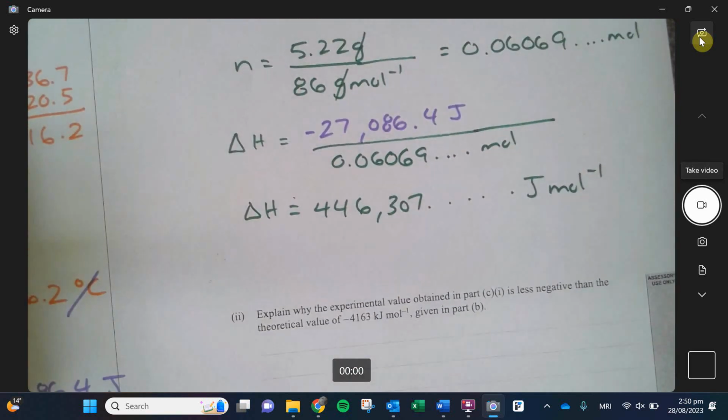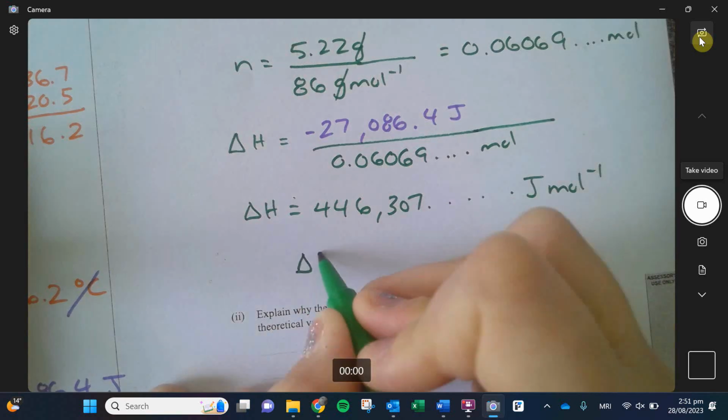What I want to do is convert that into three significant figures, and in fact, I can also convert this into kilojoules if I want. You are not required to. I like to convert things into kilojoules because I think it looks nicer. If I was to convert from joules to kilojoules, I'd be dividing by 1,000. So I'm just going to divide by 1,000.